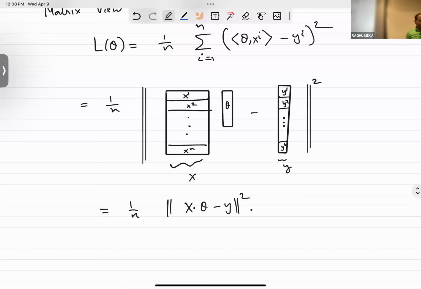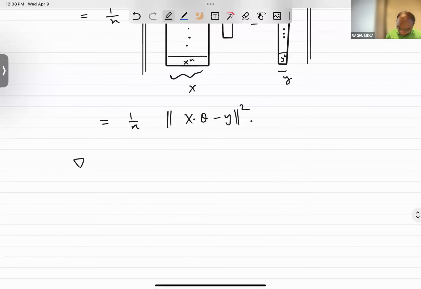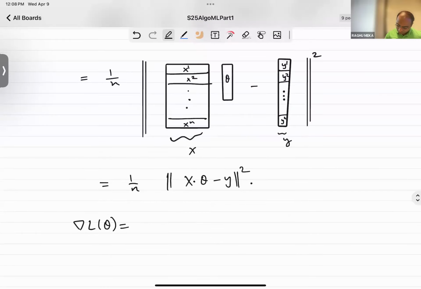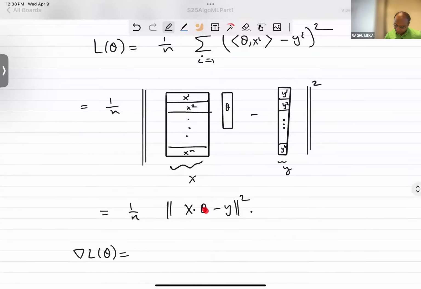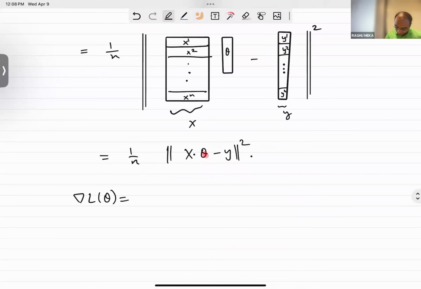All right. And finally, you can rewrite the gradient also. So let's recall we had this nice explicit formula for the gradient.